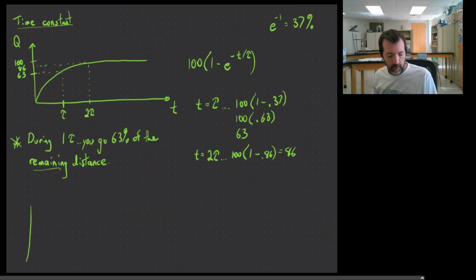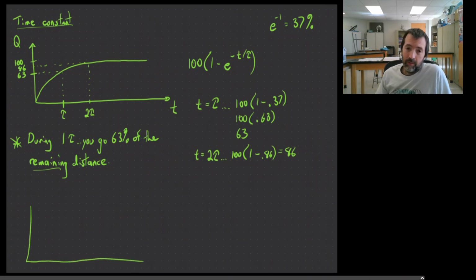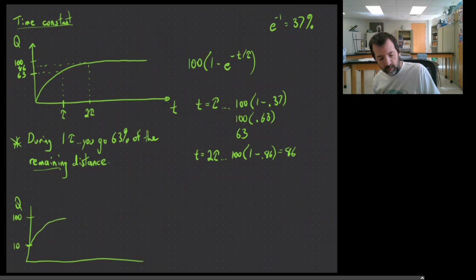is true whether you're doing a growth or a decay. It's also true even if there's not a zero involved. So suppose I have a system where the initial value for Q is 10 and the final value is going to be 100. The graph for that would look something like this.